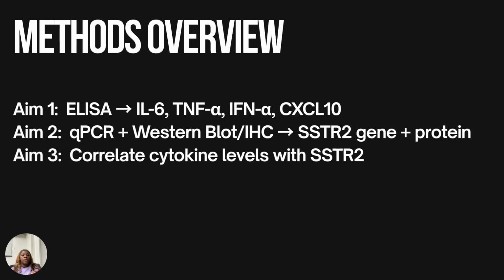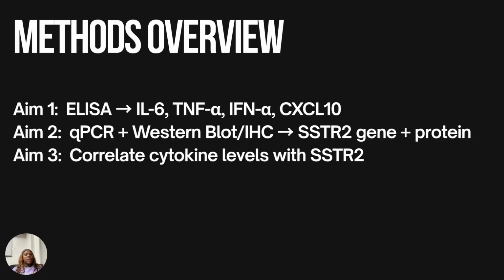And then for another one, we use PCR, to measure the SSTR2 gene expression and confirm the protein level. So we then look at whether the SSTR2 levels rise together. So aim one focuses on the inflammatory side of lupus, while aim two measures SSTR2 at both the gene and the protein level.